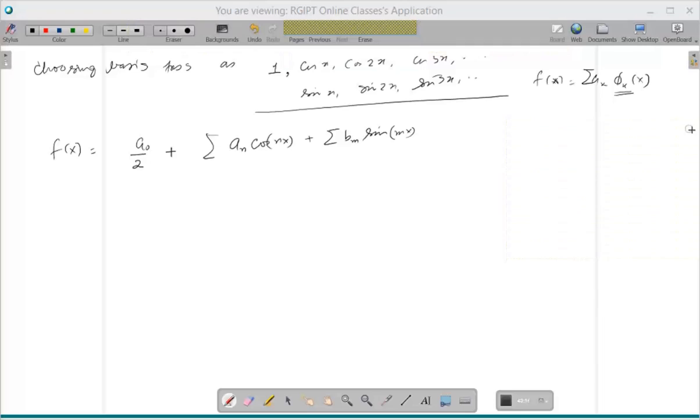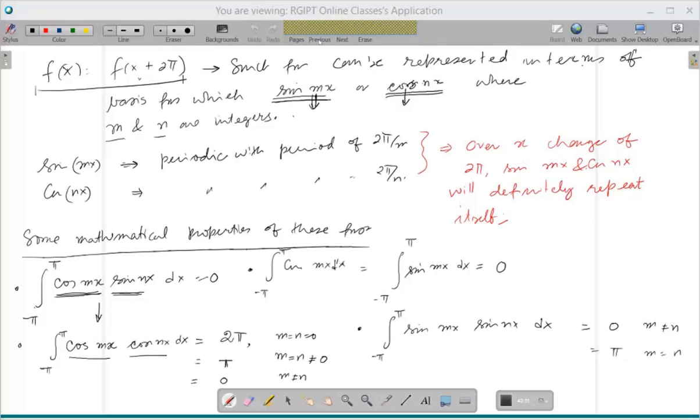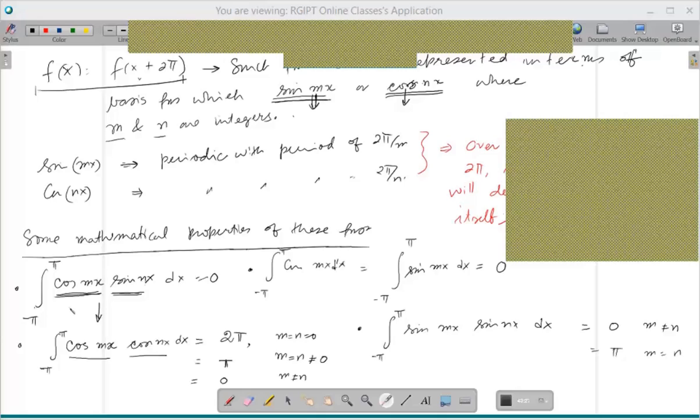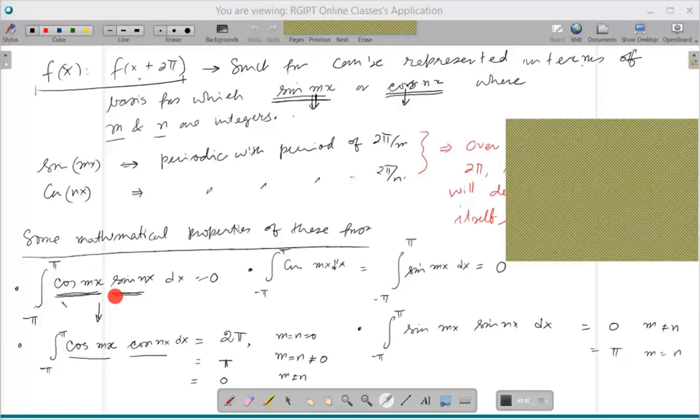First result on the last page. Satveer, what is the first result on the last page? What is the first result? This one? You mean to say this one? Well, as I said, this is an odd function and this is an even function.